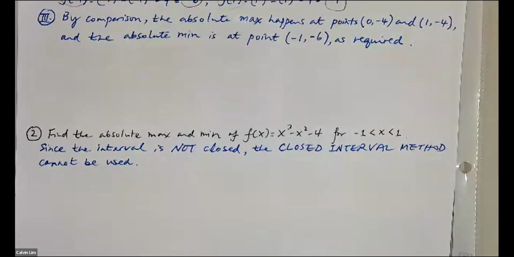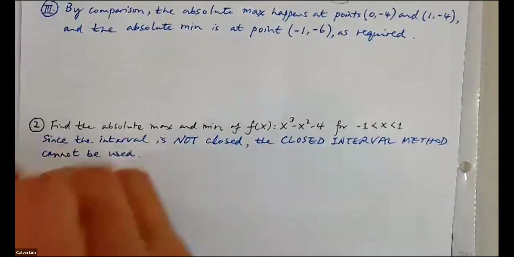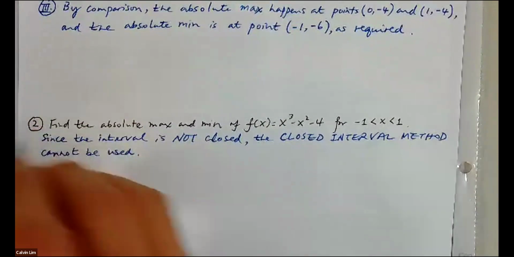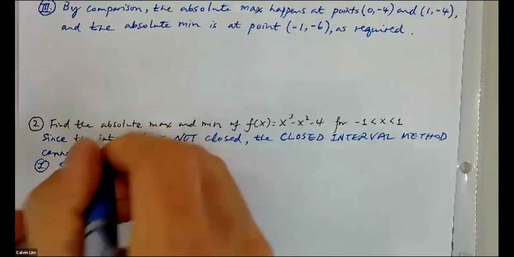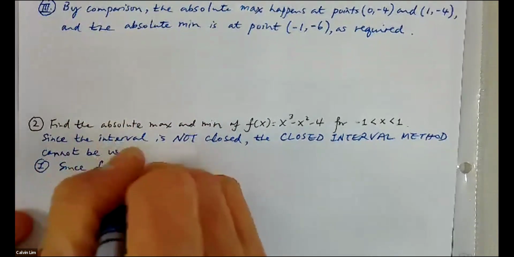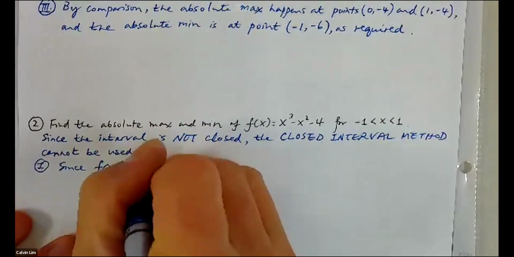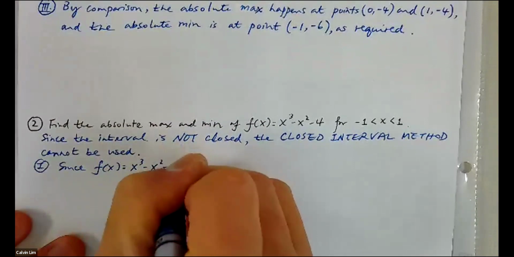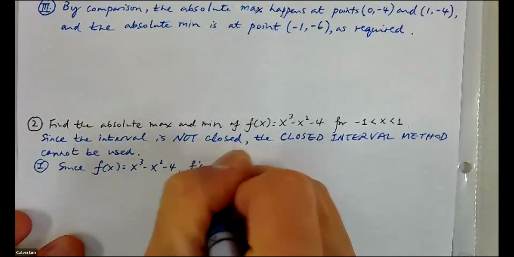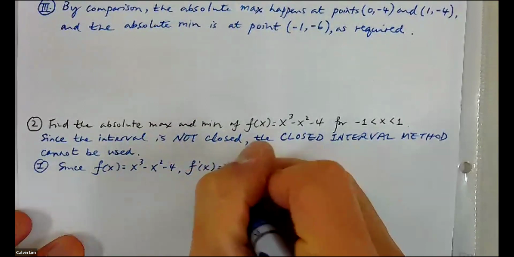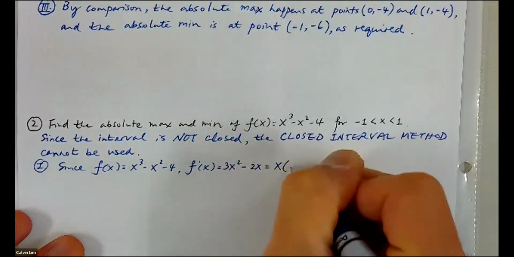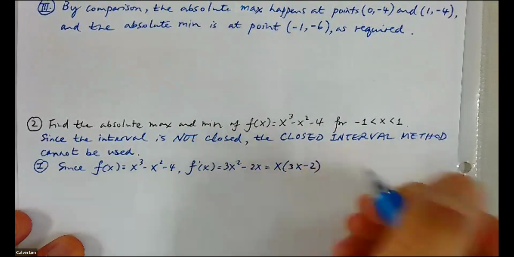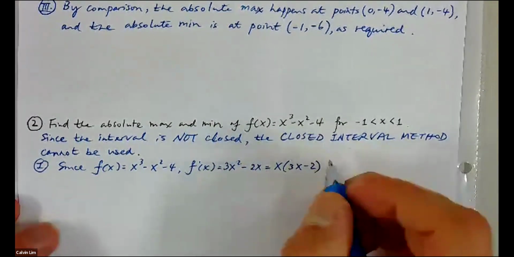So let's go back to our example. Same idea. You still need to find the critical numbers by finding the first derivative. The first derivative is 3x squared minus 2x. In factored form, it is x times (3x minus 2).